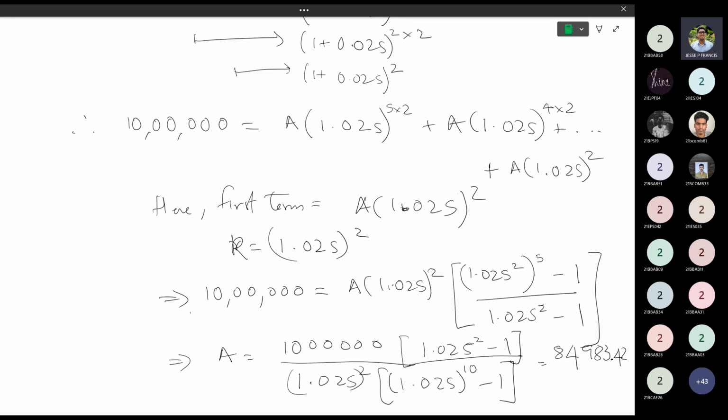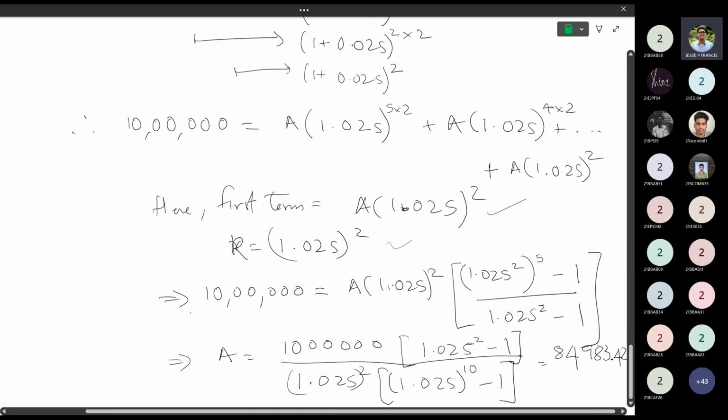When it's biannually, look at what your common ratio and your first term are. Now, there is no general formula. I'm not giving you any general formula. If you want to generalize, well and good. But if not, you can simply look at this progression here and use the idea of the sum of a geometric progression to solve it.